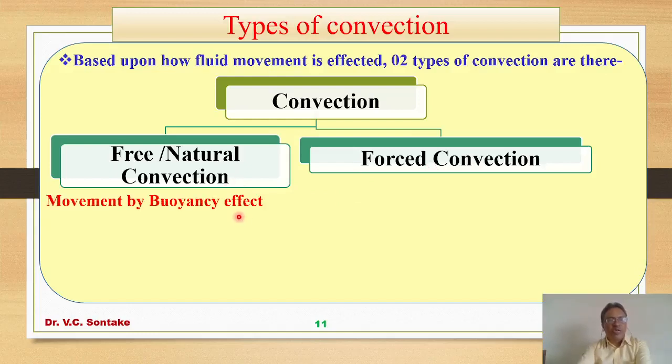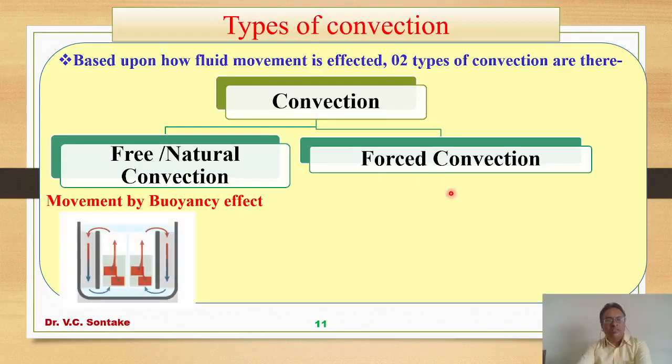In free or natural convection, movement of fluid is caused by the buoyancy effect generated due to temperature difference. This buoyancy effect will cause upward movement of hot fluid particles and downward movement of cold fluid particles.